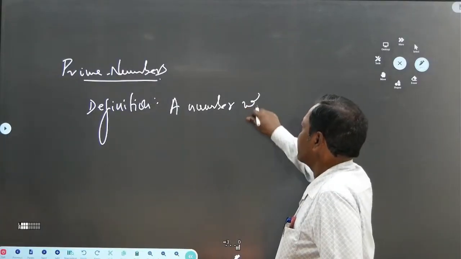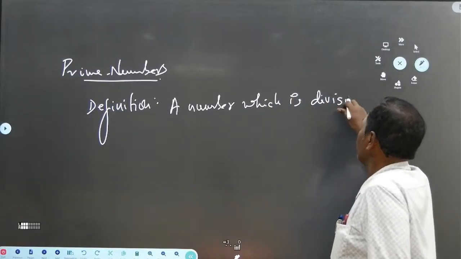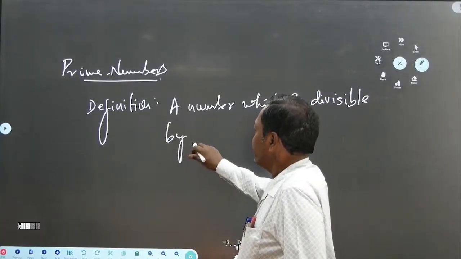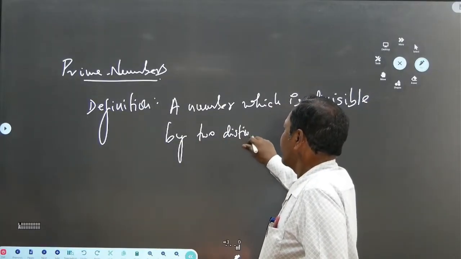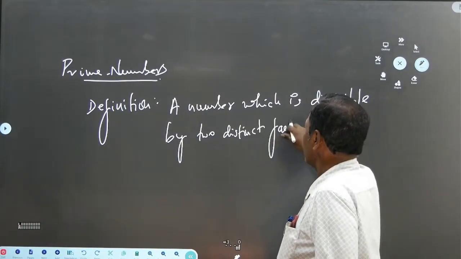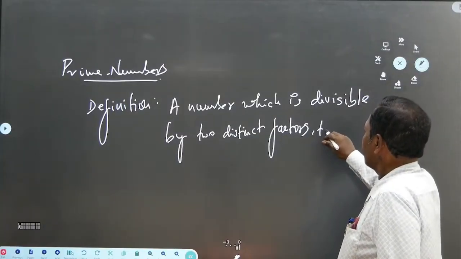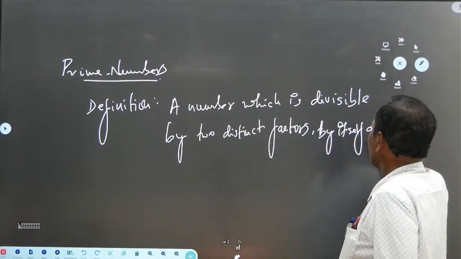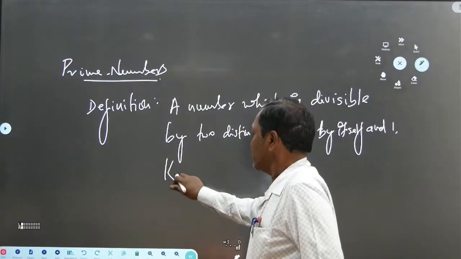A number which is divisible by 2 distinct factors, by itself and 1. Okay, so it is known as a prime number.